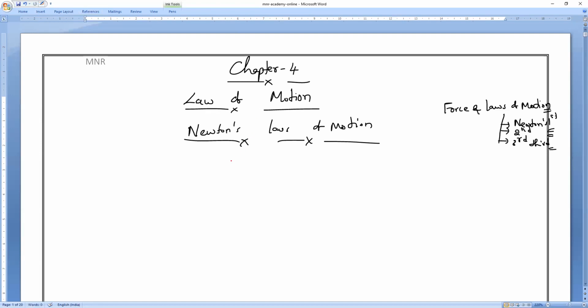It's a very popular one. That is why laws of motion is the most important one, and we can also call it Newtonian mechanics, which discusses Newton's laws.